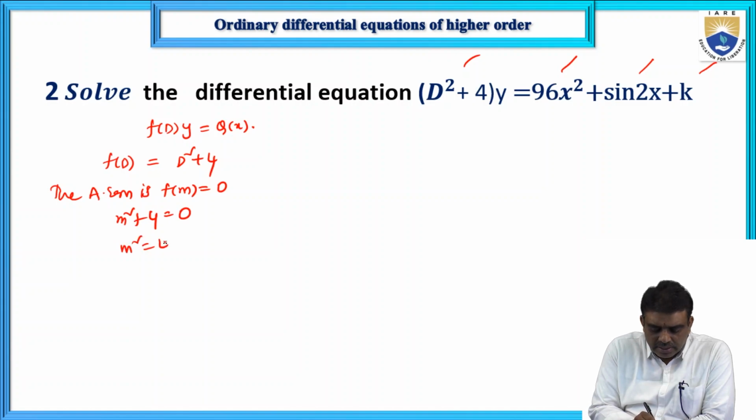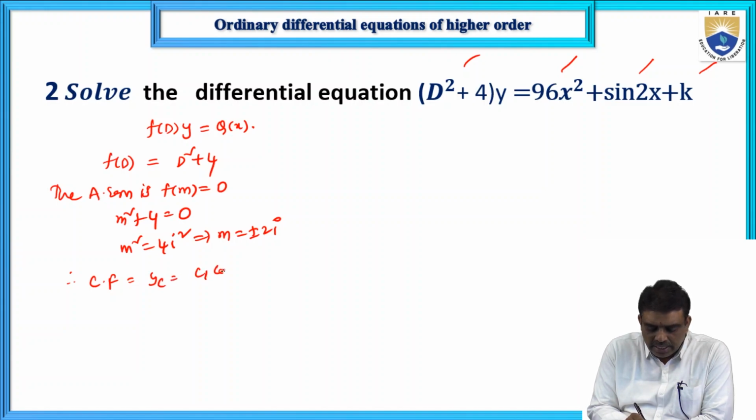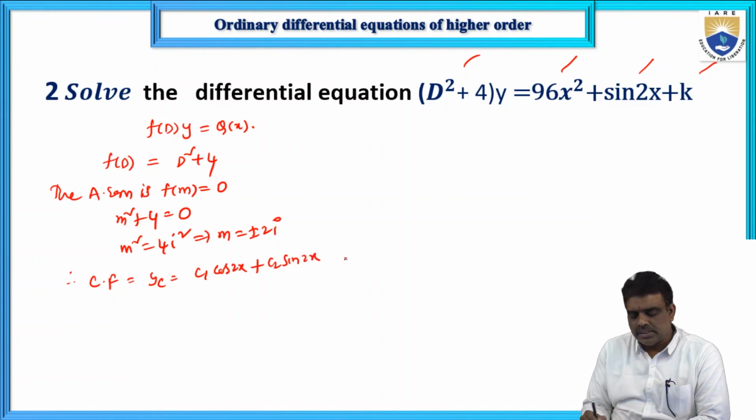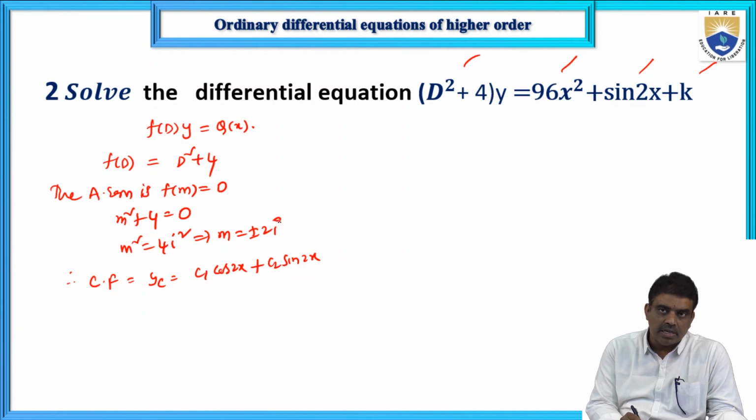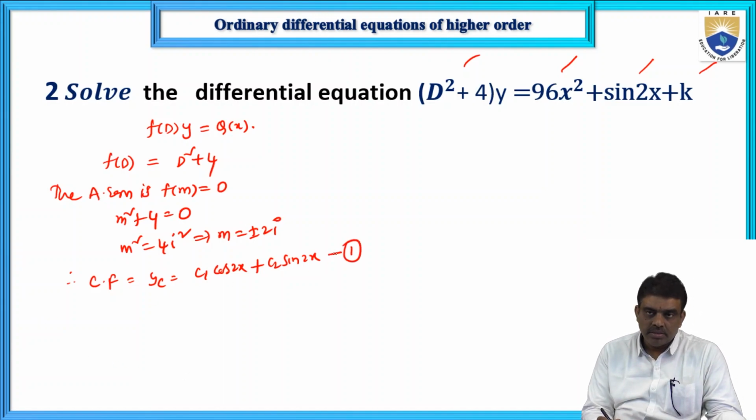So m square is equal to 4i square. So m is equal to plus or minus 2i. Therefore, the complementary function yc is equal to c1 cos 2x plus c2 sin 2x. This is the complementary function because the roots are in the form alpha plus or minus i beta. Call this equation number 1.